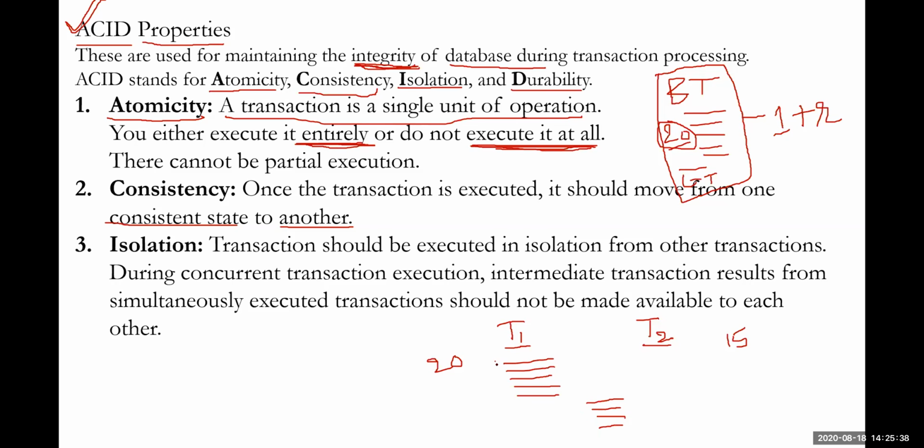Partially, transaction 1 has been executed and moved outside, and the database engine has taken the second transaction for execution. After executing some 5 instructions, transaction T1 will again be taken into consideration. You may remember a CPU scheduling algorithm, round robin.